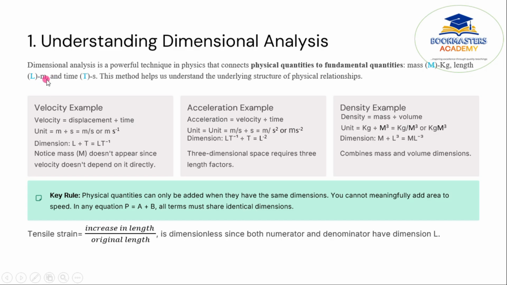So if you see meter, that means the dimension is length, L. Then if you see s, which stands for seconds, that means the dimension is T. So this m, this s, this kg, all this is a unit. So you can get your dimension from the units.